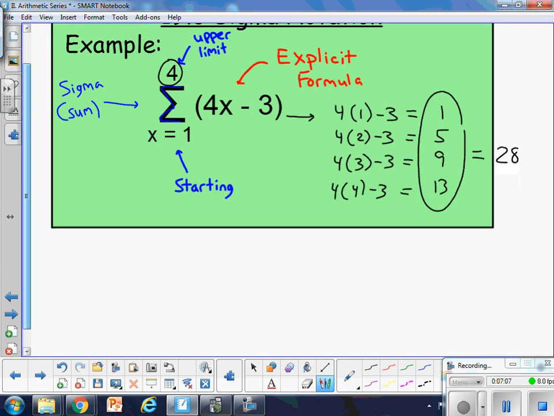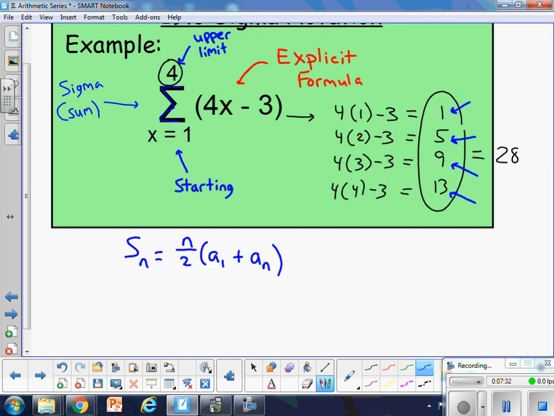Just to verify that answer using the formula from the previous video, and then I'll walk through this calculator trick to do this. Okay, from the previous video, we showed the sum of an arithmetic sequence. And if you look at these numbers, 1, then 5, then 9, it definitely is arithmetic.